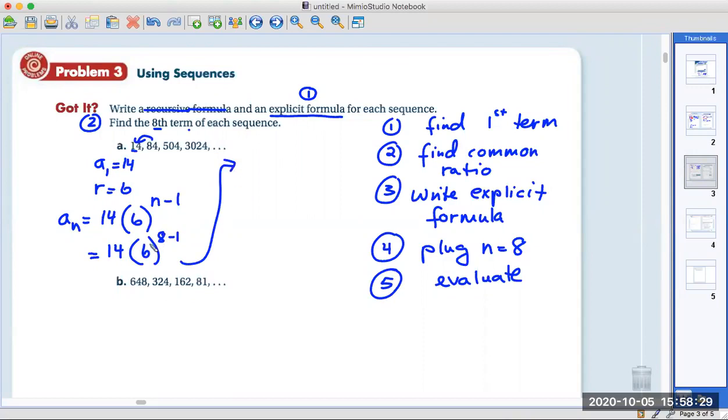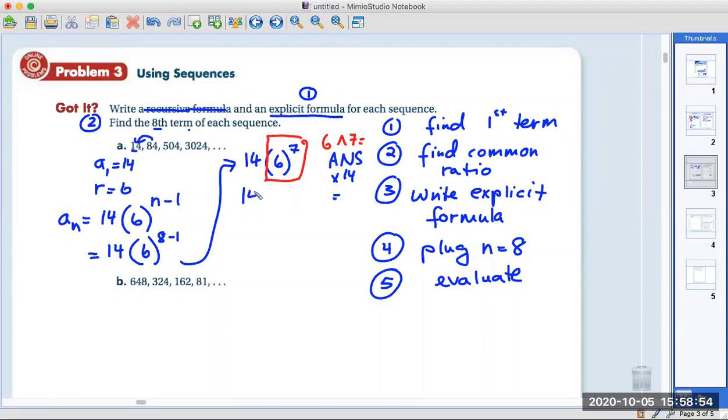Now we evaluate. 8 minus 1 is 7. Find this number, 6 to the power of 7. Use your power key. And then when you get that answer, leave that number in, use ANS times 14 equals.